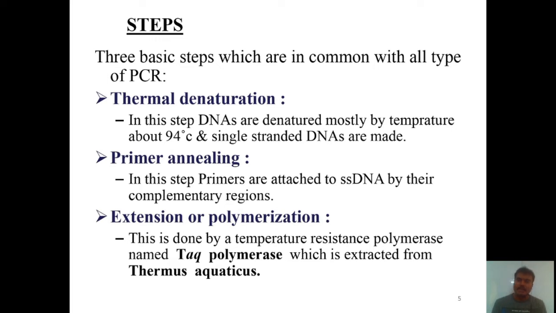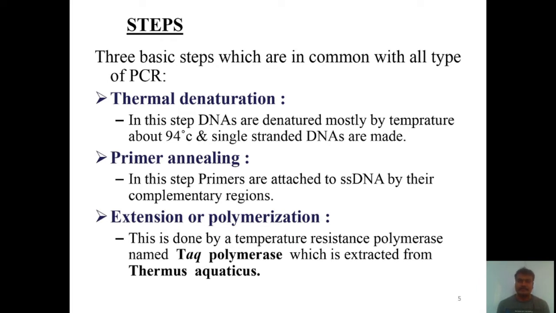Why can't the double stranded DNA anneal with each other? Because it is larger in size. Primers are smaller in size, about 25 to 35 base pairs long, so they can easily anneal with the target DNA, whereas your template DNA, which is of longer size, cannot re-anneal.